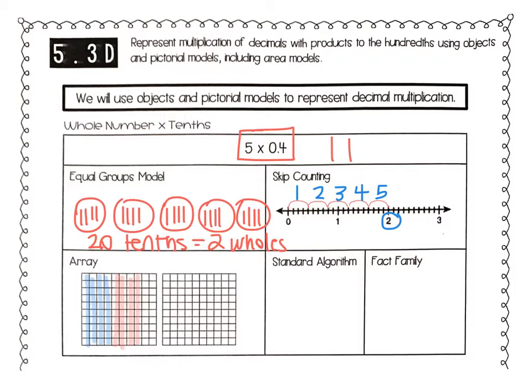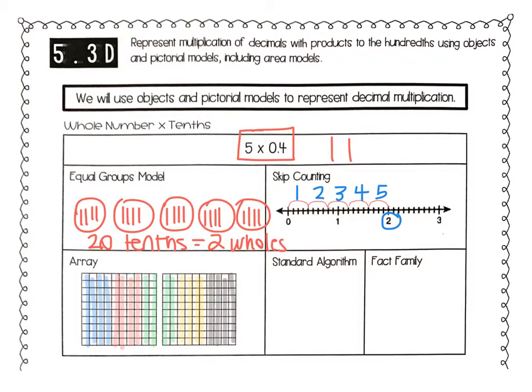Let's do 4 more tenths. 1 tenth, 2 tenths, 3 tenths, 4 tenths. Let's grab another color and let's do 4 more. 1, 2, 3, 4 tenths. And we need one more group of 4 tenths. So 1, 2, 3, 4 tenths.